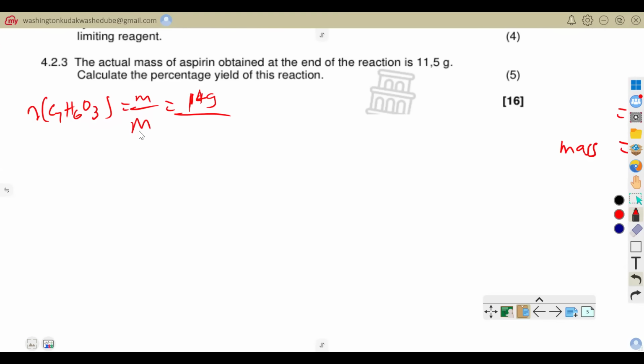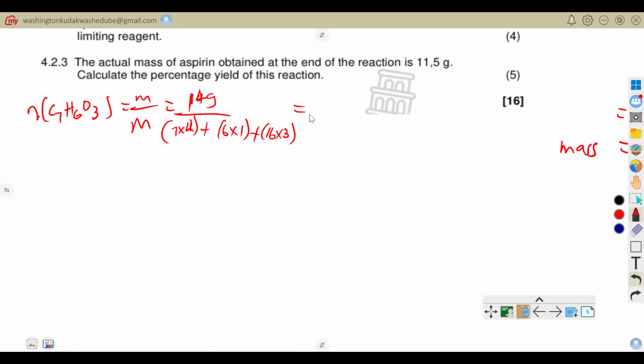And then its total molecular mass: 7 times 12 for carbon, plus 6 times 1 for hydrogen, because carbon has an atomic mass of 12, hydrogen an atomic mass of 1, and oxygen 16, and then 16 times 3.